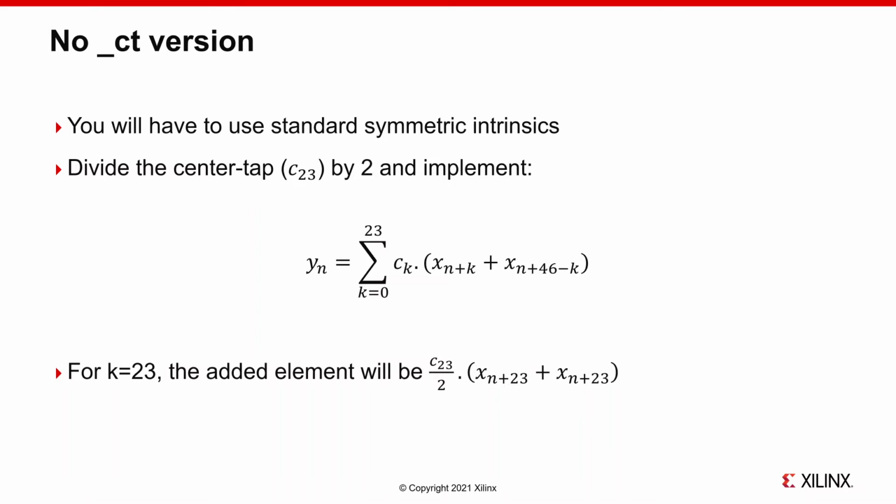The only way you can do it without problem is to divide the center tap by 2 and then use the standard operation here, making sure that for C23 you have twice the same index, n plus k and n plus 46 minus k. So you will do this operation, C23 divided by 2, and then you add twice the same data, so it will give the good result at the end.